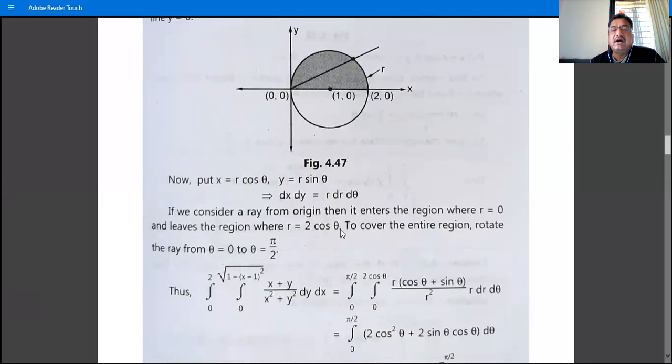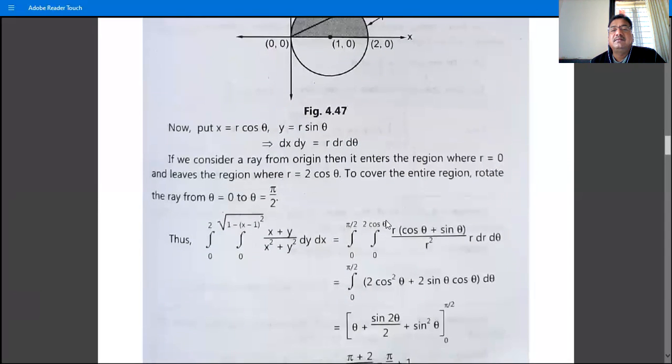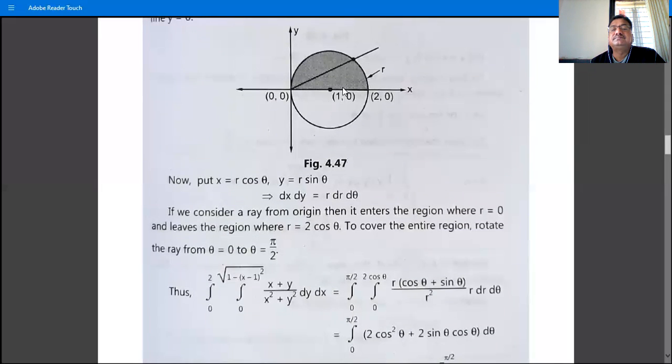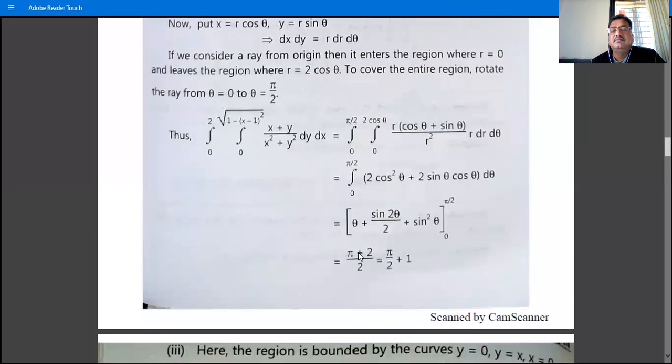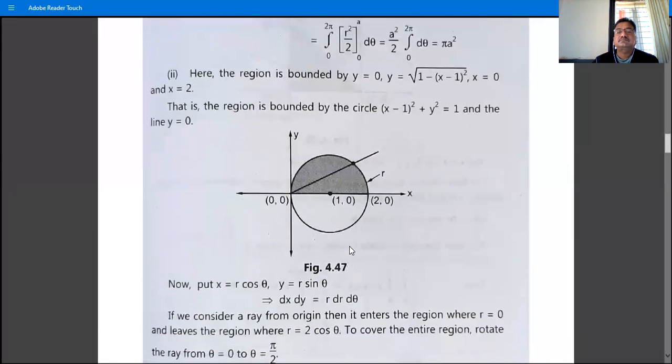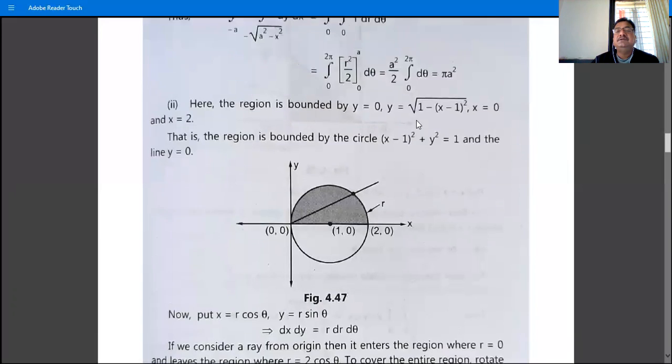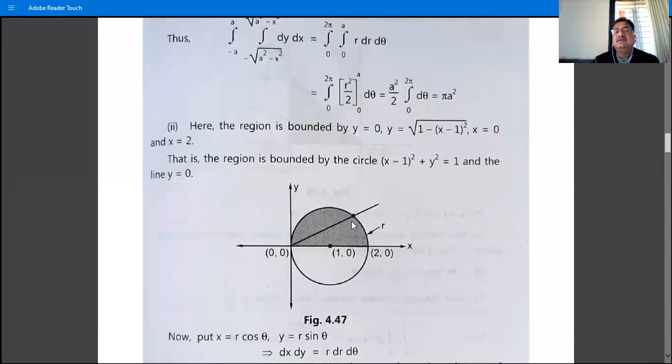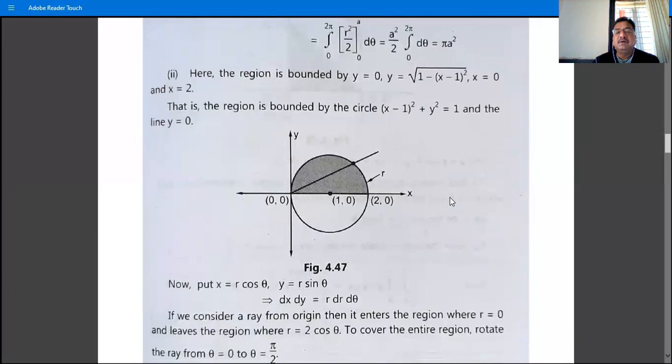R runs from 0 to 2 cos theta, and theta runs from 0 to pi by 2. Because the equation of the circle is (x minus 1) whole square plus y square is equal to 1.